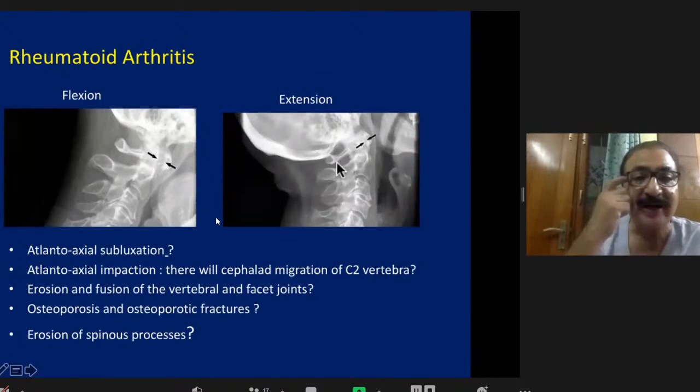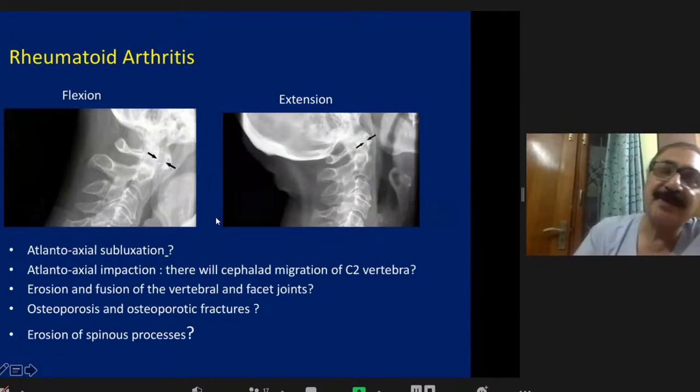Now, rheumatoid arthritis. I've picked up this example to show you that you should be aware of this. Once rheumatoid arthritis affects the cervical spine, the chances of atlantoaxial subluxation are quite high. Specifically, look for any evidence of atlantoaxial subluxation or dislocation in a case of rheumatoid arthritis affecting the cervical spine.